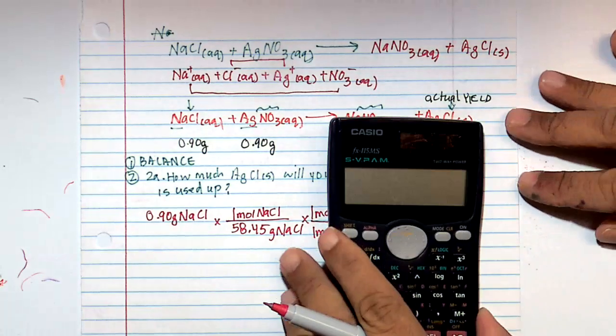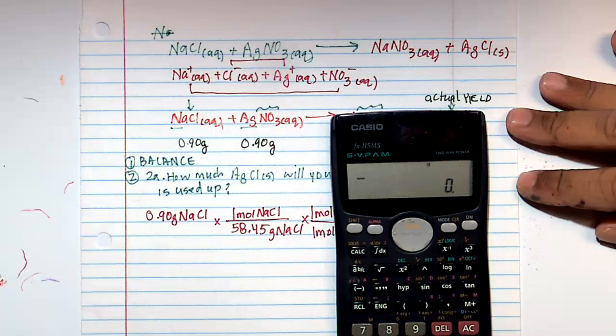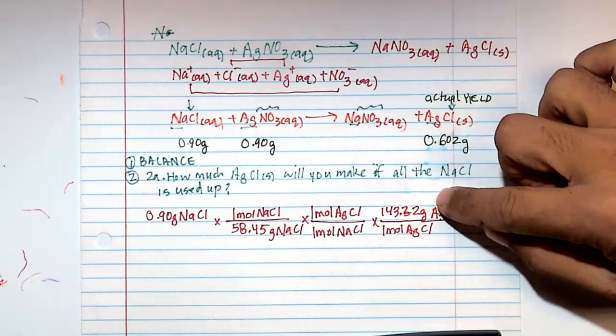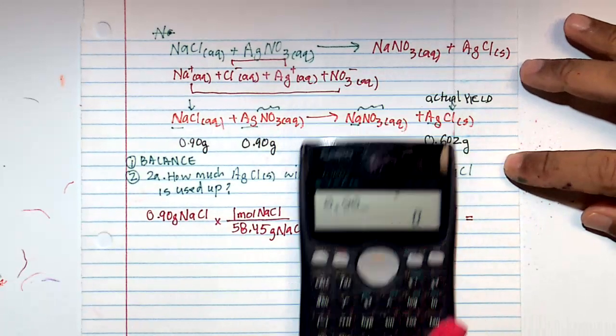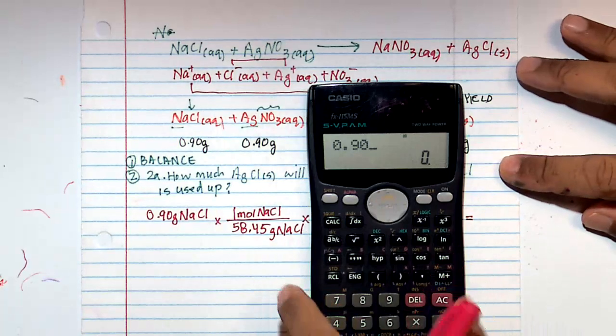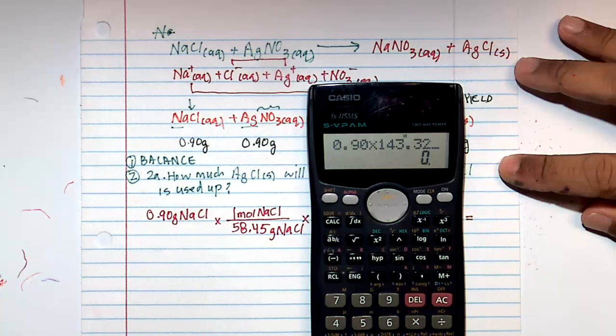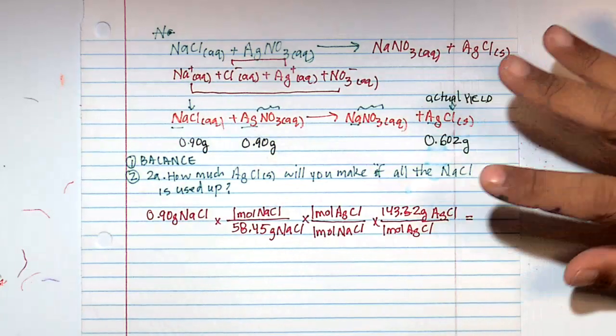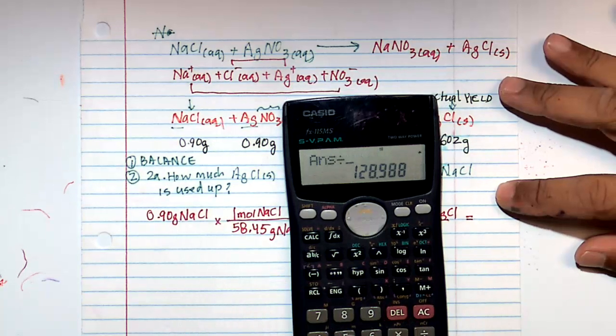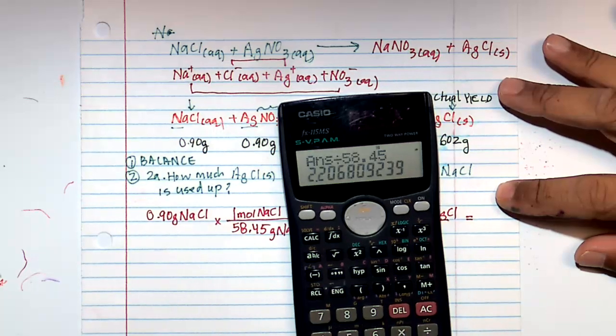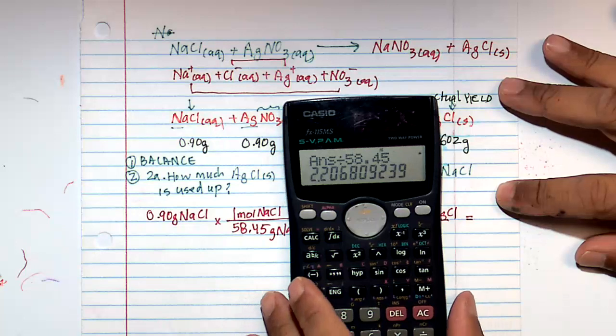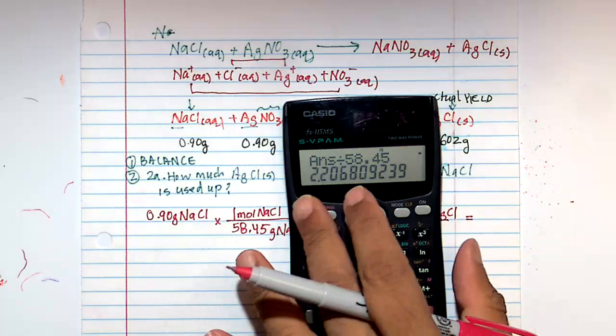So really quickly on our calculator, we have 0.90 times 143.32, divided by 58.45, which gives 2.21.